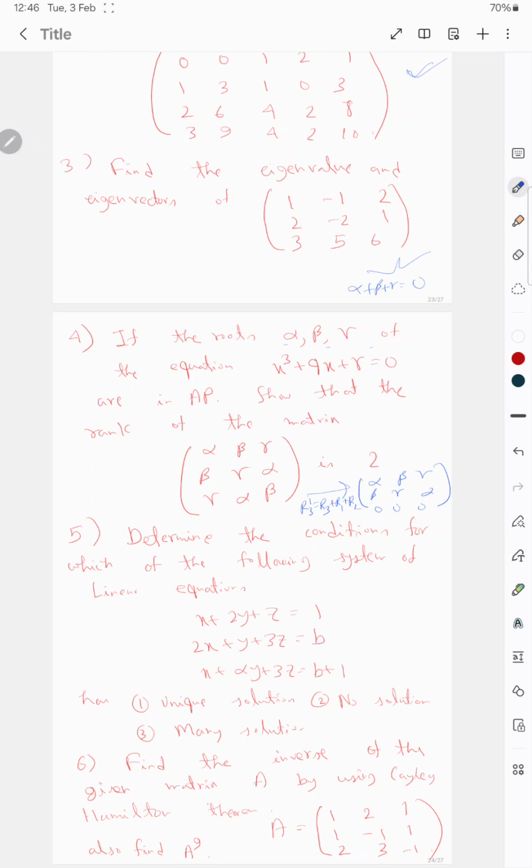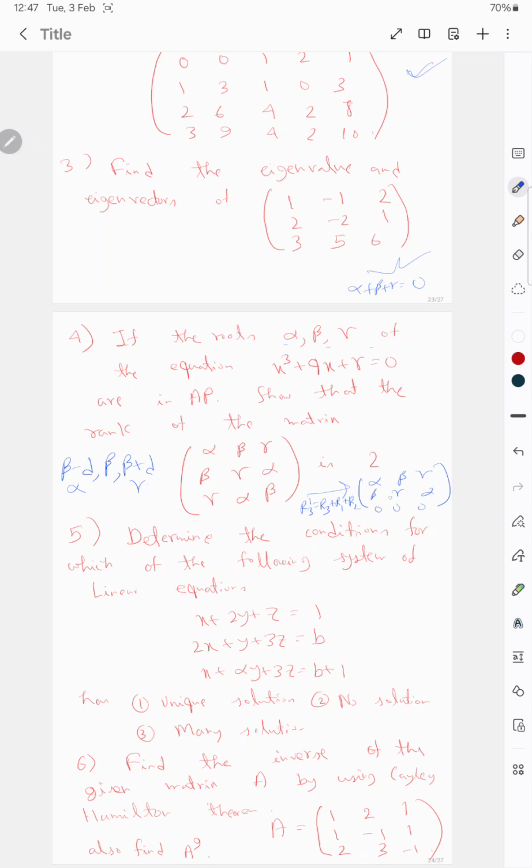For this one, you see they are given that the roots are in AP. This type of problem I think you have done in your class 12 level also. Whenever the roots are in AP, you have to think that if one root is beta, the other roots are beta minus d, beta and beta plus d, these are the 3 roots. So you can think this is your alpha and this is your gamma, right?